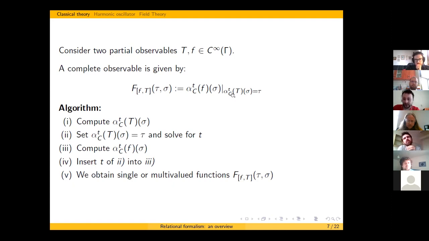This is just a line, a curve, one-dimensional. So when this takes along this gauge orbit a value tau, then exactly at that point, when we evaluate this other flow, this turns out to be gauge invariant.